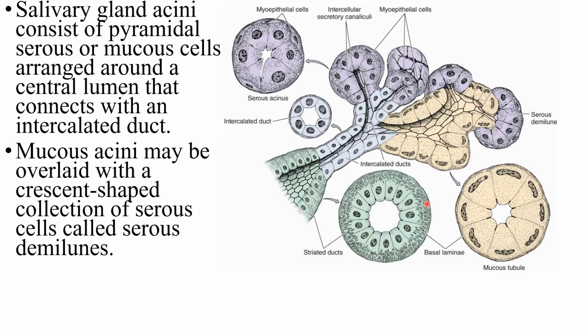And the striated ducts are characterized by the presence of the nucleus at their apical portion. You can see here, whereas in serous acinus the nucleus was confined to the base of the cell, here it is present almost at the apex of the cell.